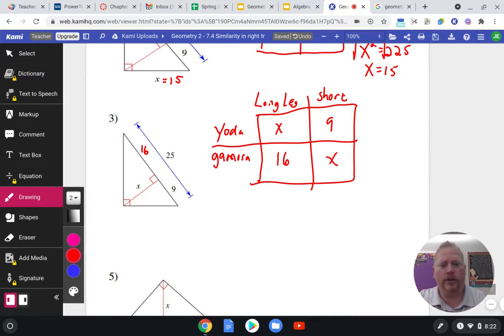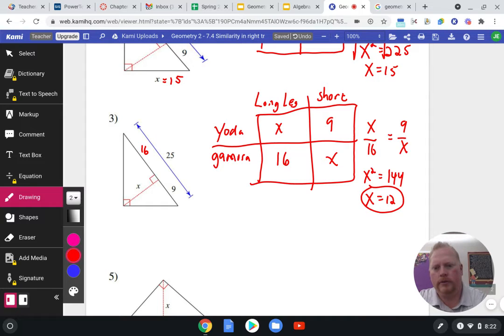So now take that chart, translate it directly into a proportion. Cross multiply, I get x squared equals 144. Square root both sides, you get x equals 12. Okay, let's do another one.